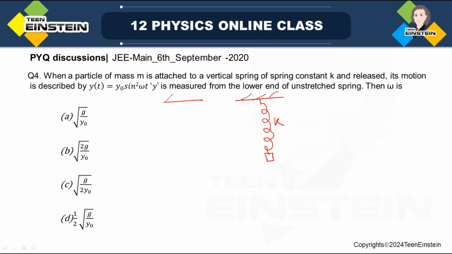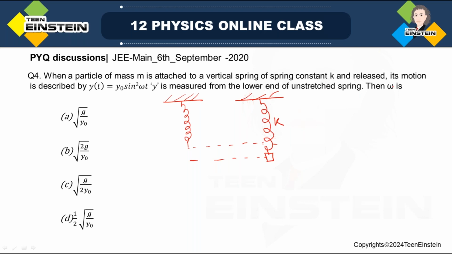See, the initial situation is something like this. If I have a spring of normal length, suppose this is the normal length without any mass, and let us take that the spring has mass 0, a massless spring, as it is not said here. Then a mass is attached, so there will be obviously certain displacement.